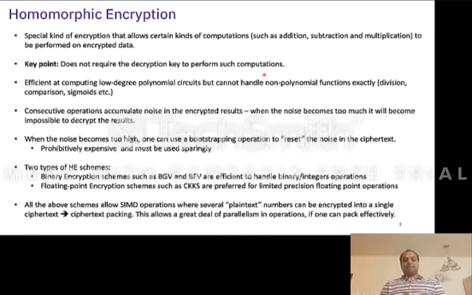All these schemes that I mentioned here, BGV, BFV, and CKKS, support the so-called SIMD operations, which allow us to pack several plain text numbers into a single ciphertext. This is called ciphertext packing, and it allows a great deal of parallelism in operations if one can pack effectively.